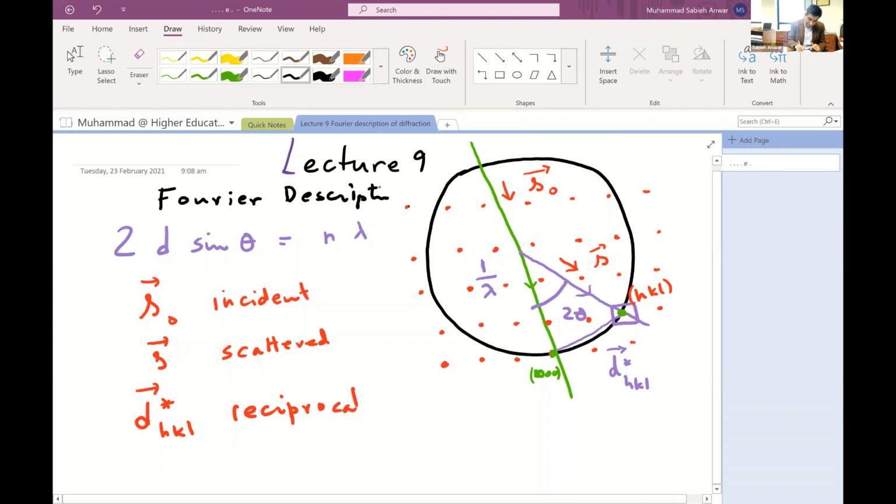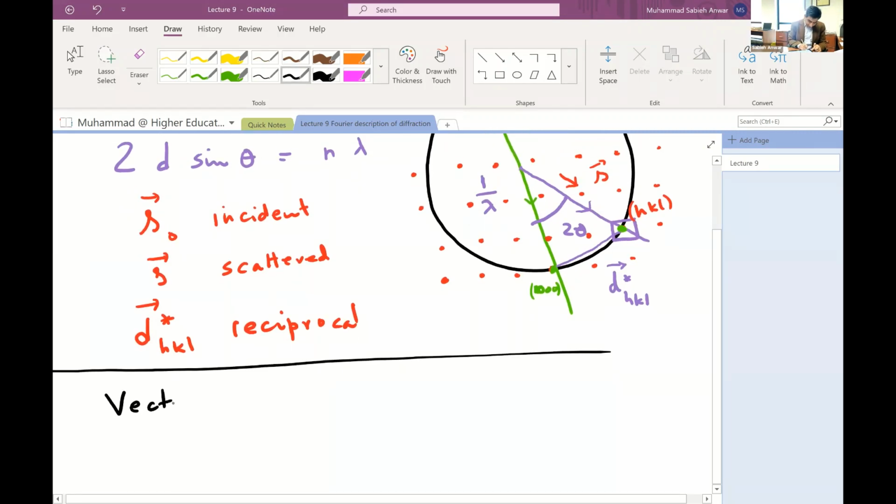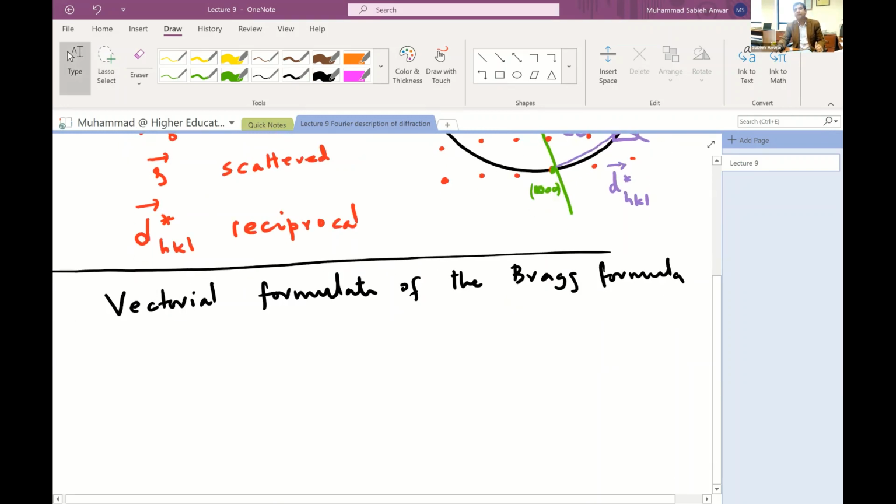But I would like to start off by recapping the Bragg law, and I would like to present a vectorial formulation of the Bragg law. And this becomes really important in our study of solids because it helps us understand the band structure of solids and why bands occur in the first place.